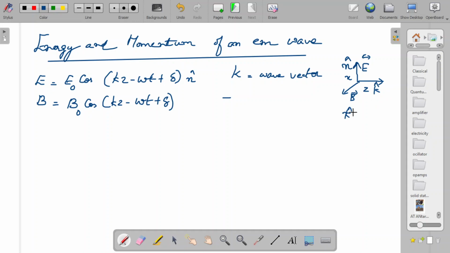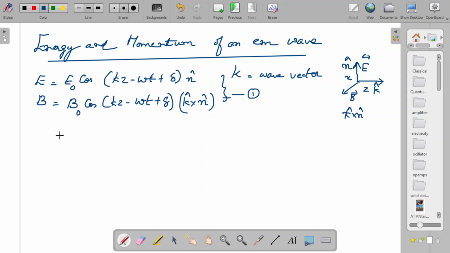So I write this direction of B as equal to k cross n. The electric field vector can be written like this, the magnetic field vector can be written like this, and I call these equations number 1. These are the preliminary equations for E and B, which we already know.